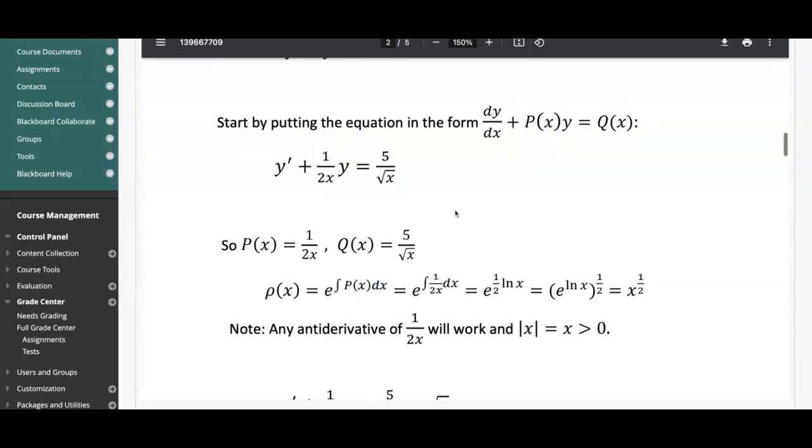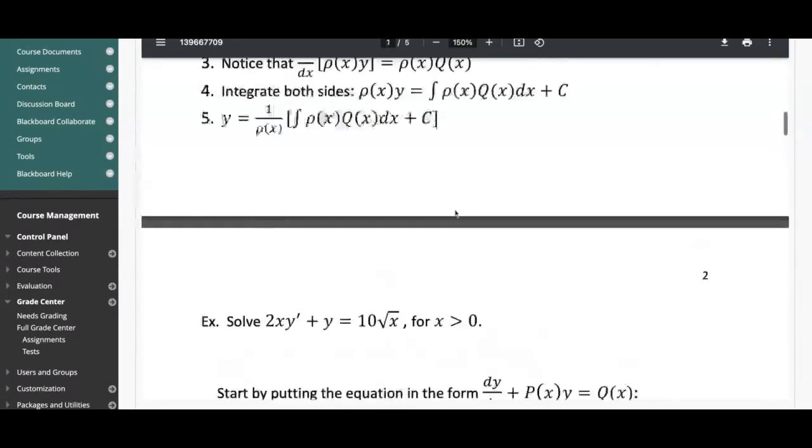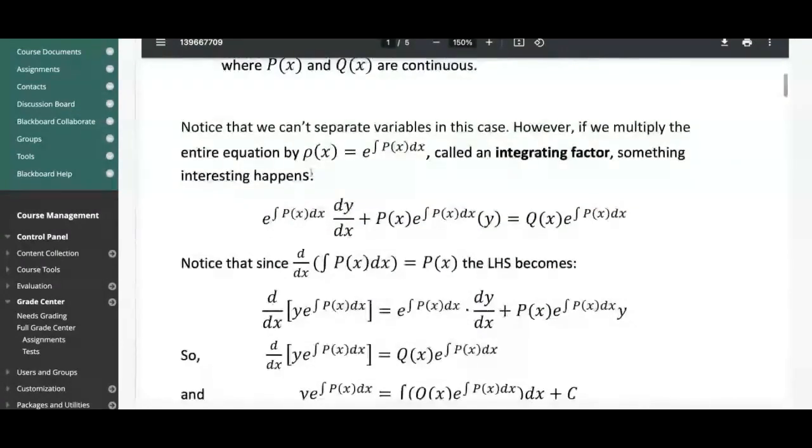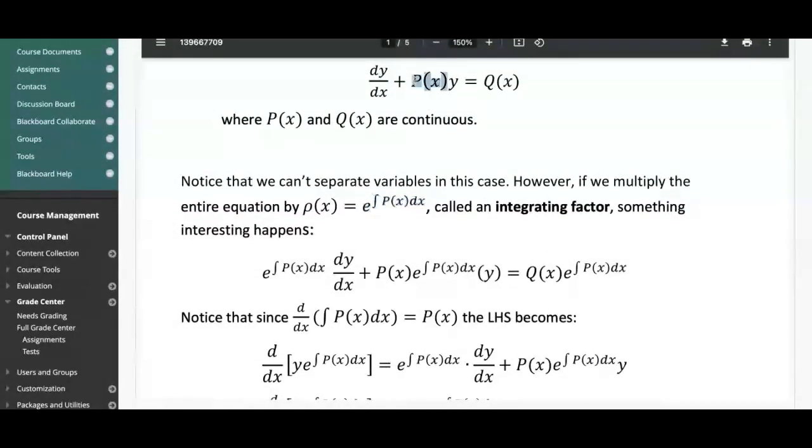That's just by definition. We define this integrating factor by this. You don't really have to remember rho of x, that's just for theory. You have to remember this: e to the power of the integral of p of x.